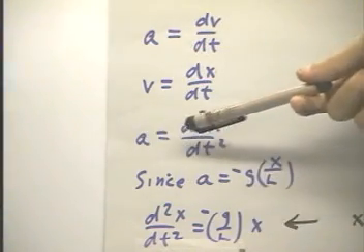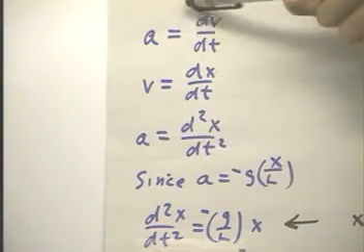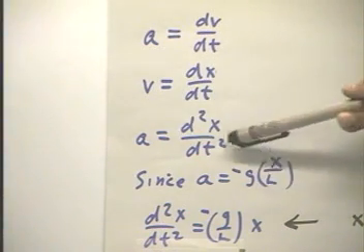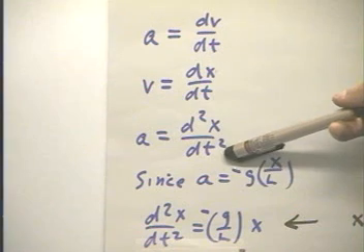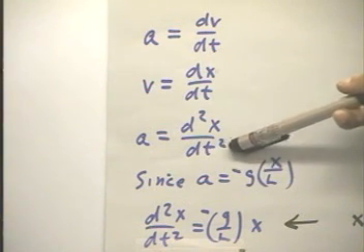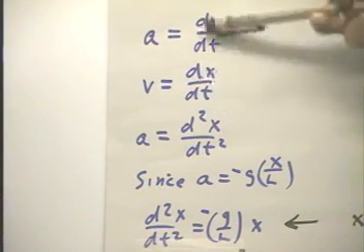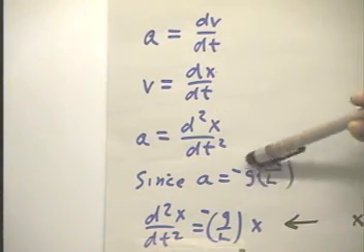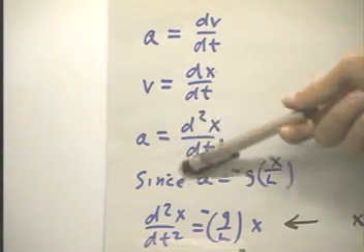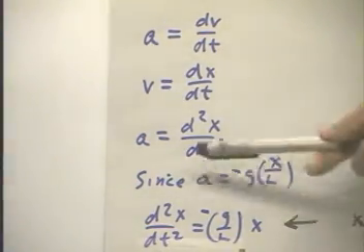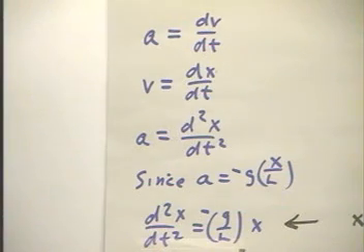Then we're going to say that the acceleration, which is dv over dt, where v is dx over dt, is going to be the second derivative of x with respect to t. And if you don't know the calculus, you kind of understand this. If you substituted a dx over dt up here, you would kind of have some squares, but these things don't act exactly like algebraic quantities, and you might wonder why the d down here isn't squared and so forth, and just accept that for the moment.